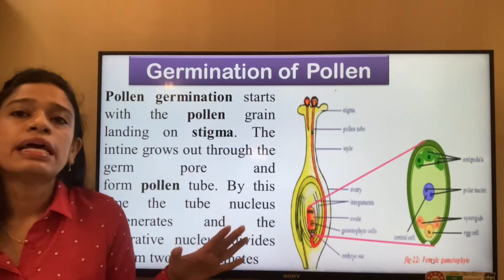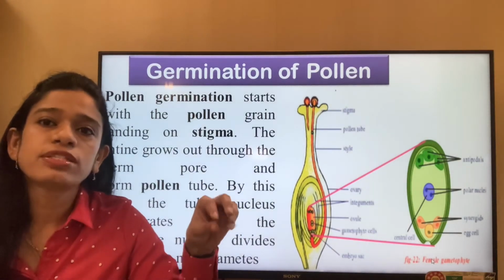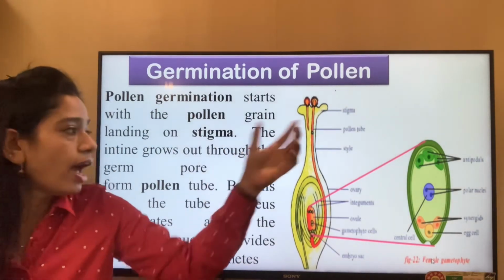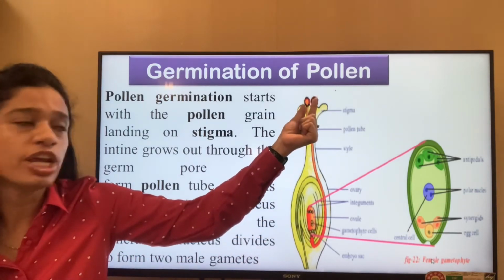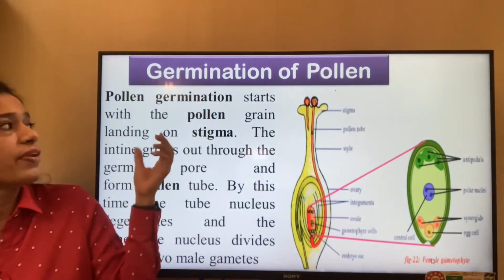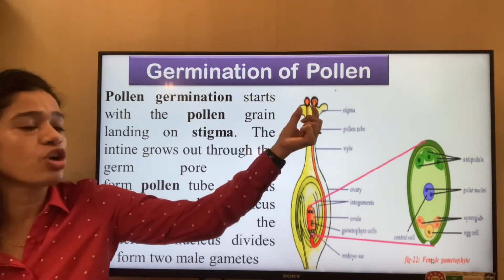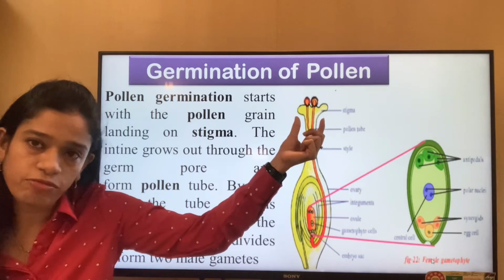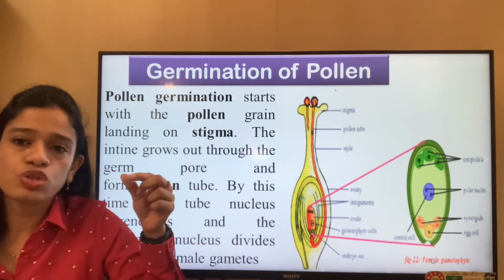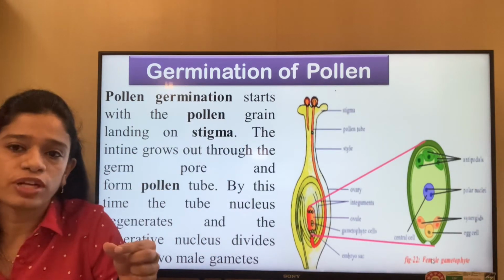So once the pollen has gone and sat on the style of the gynoecium, it has reached here. The pollen grain comes and sits on the stigma of the flower, the female reproductive part. This pollen starts to grow a tube-like structure.